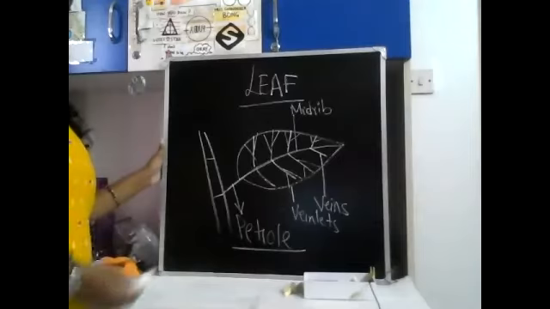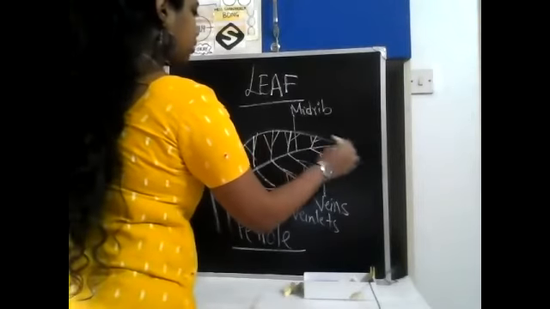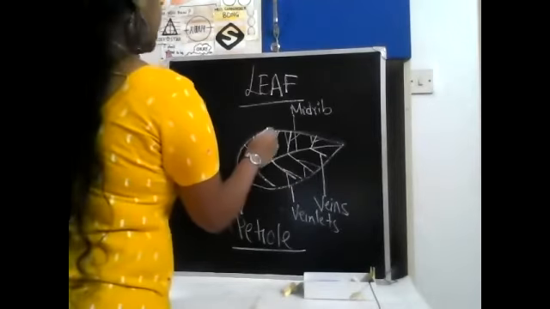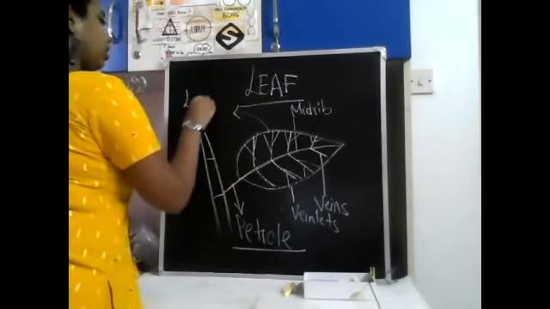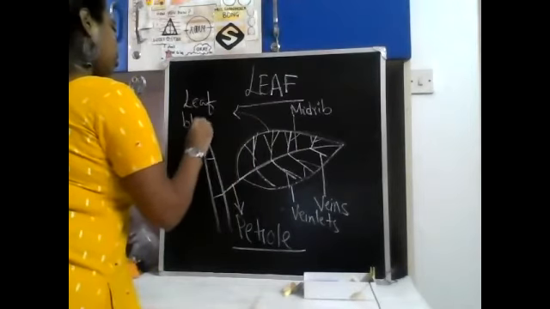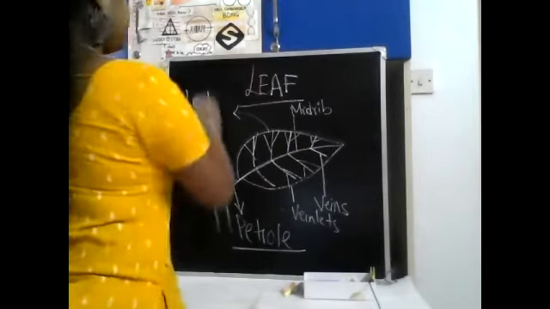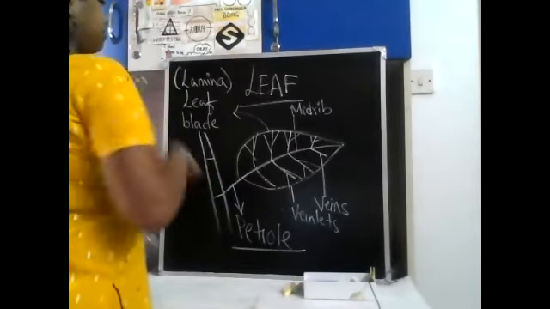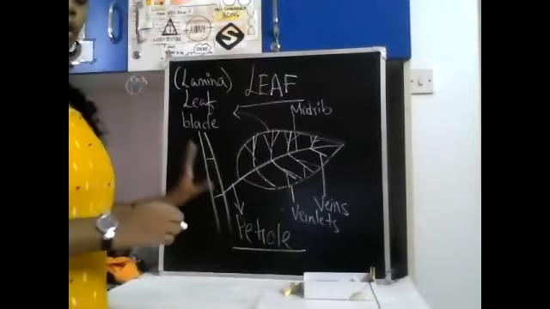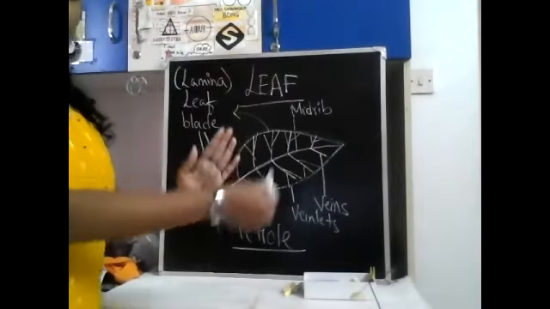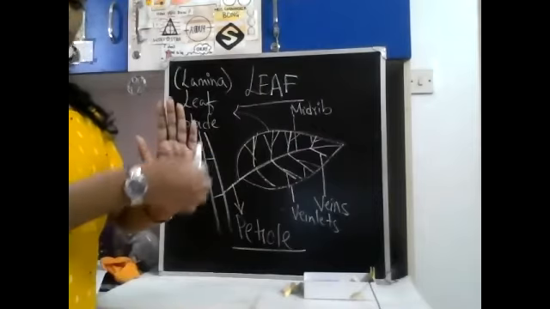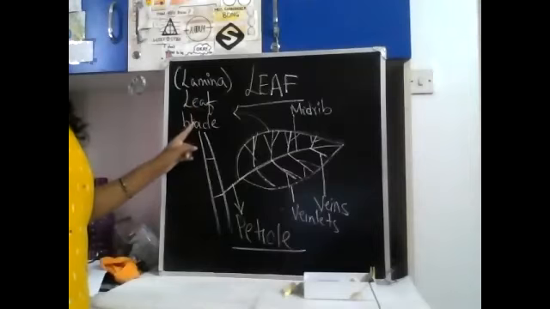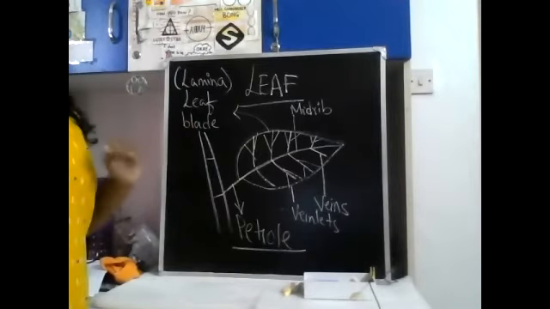Now the border of the leaf that you see over here is called the leaf blade. It is also called the lamina. Don't get confused. The broad portion, imagine this is the leaf, this area is called lamina or leaf blade.